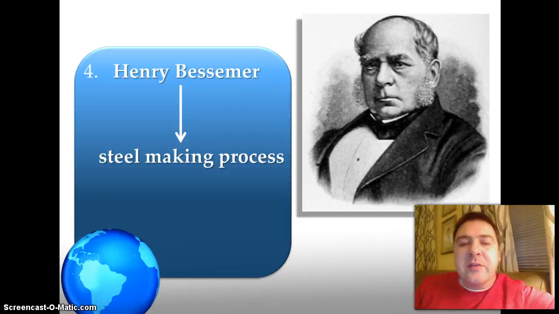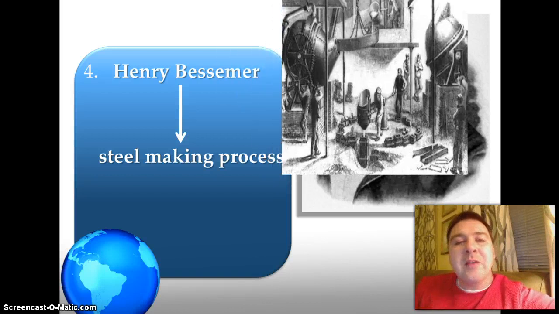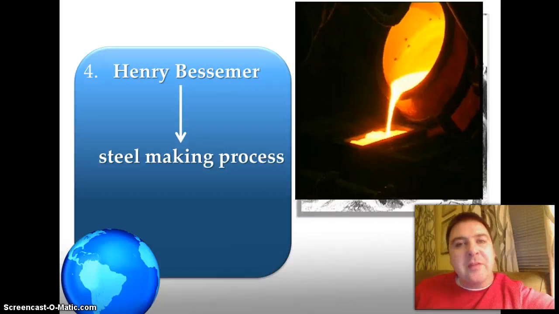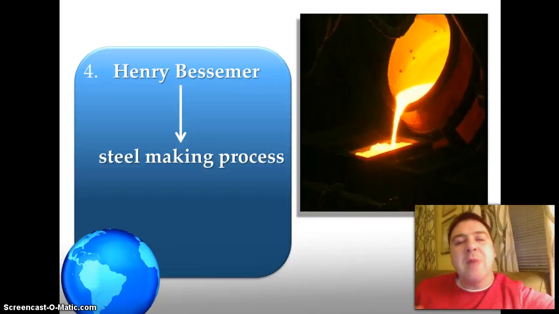Another inventor we need to know is a guy named Henry Bessemer, and the Bessemer process today is still the process for making steel. Steel is not a natural product. Steel comes from iron. The idea with the Bessemer process is it's a number of steps where they take the iron and melt it down. Like all metals, it has a melting point.